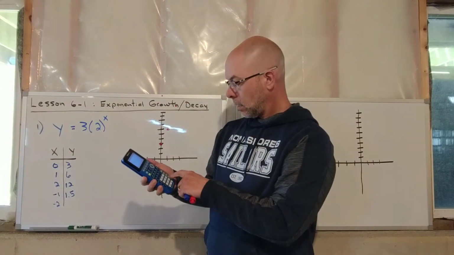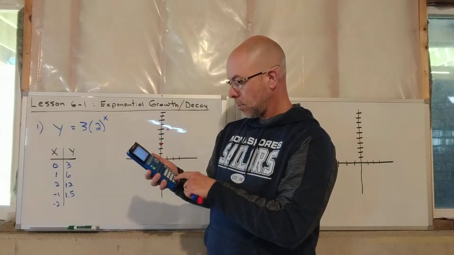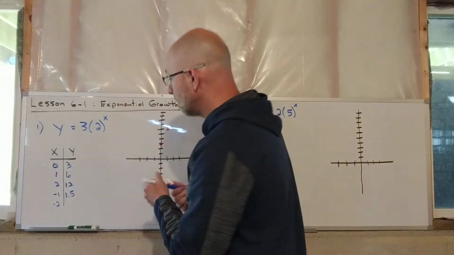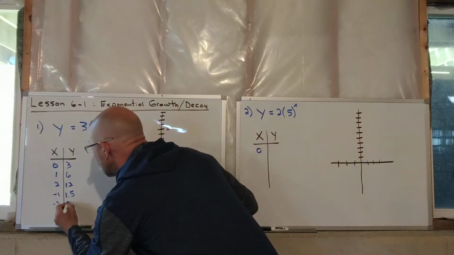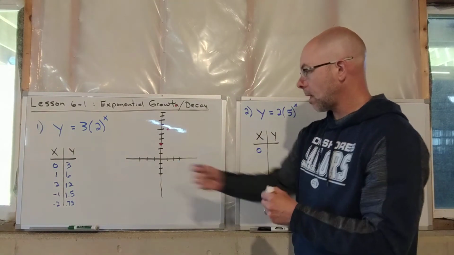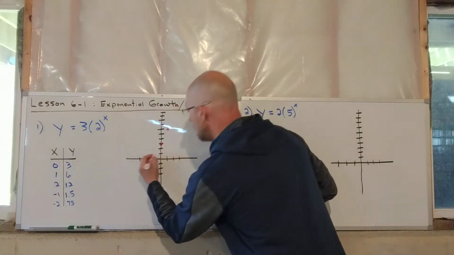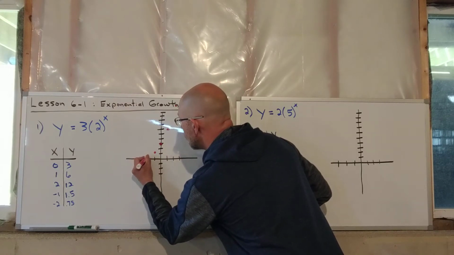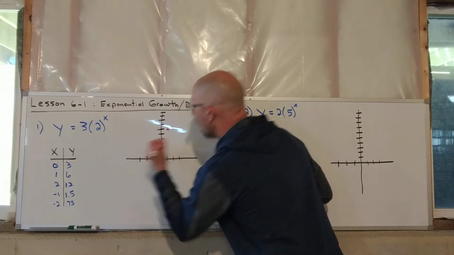Okay, 3 times 0.25, 0.75. That's smaller than 1. And I like that answer. So then I'll plot those two. Negative 1, 1.5 up. Negative 2, only 0.75 up, just small.